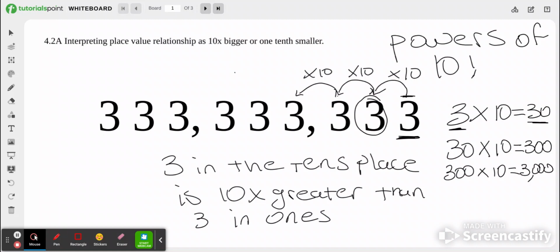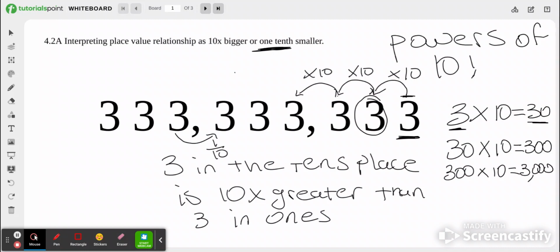All right, so if you paused and thought about it, if we're getting 10 times bigger every time we go to the left, if we go to the right and we shift down a place value, guess what? It's getting 10 times smaller. And when we say 10 times smaller, we're actually going to say 1/10. And that's where they get this from in our TEK, 1/10 smaller.